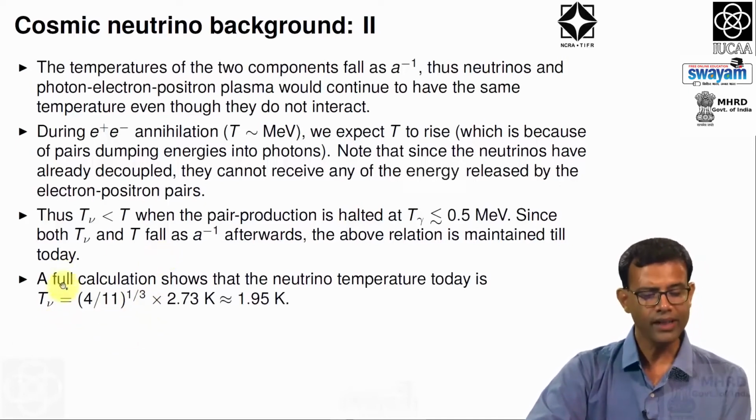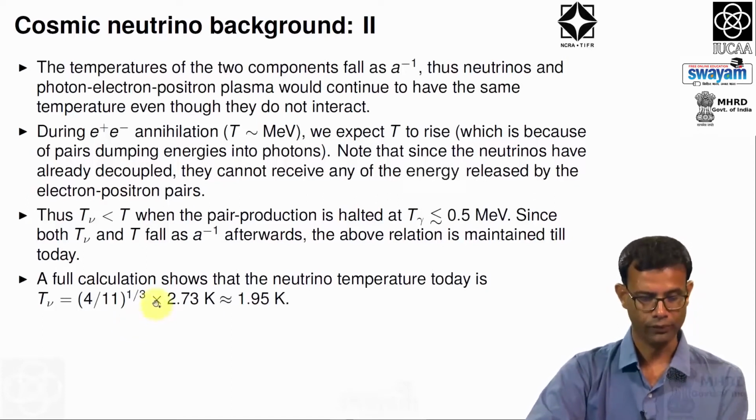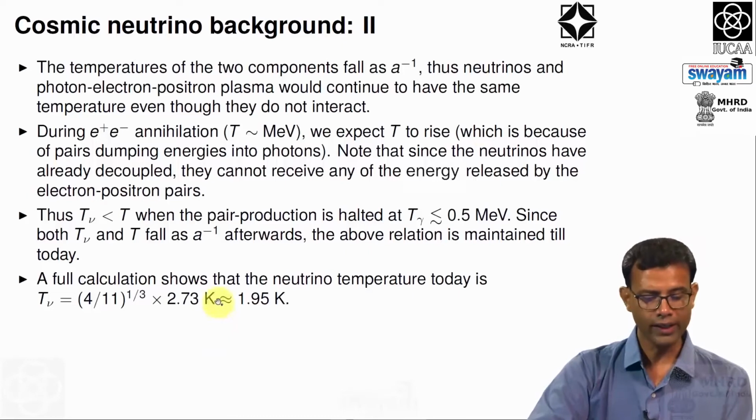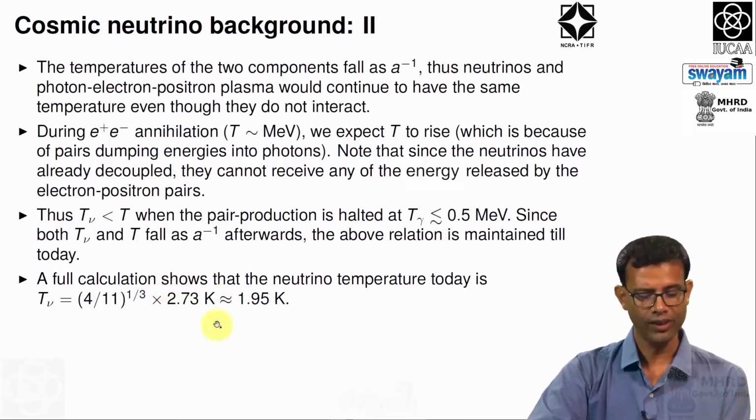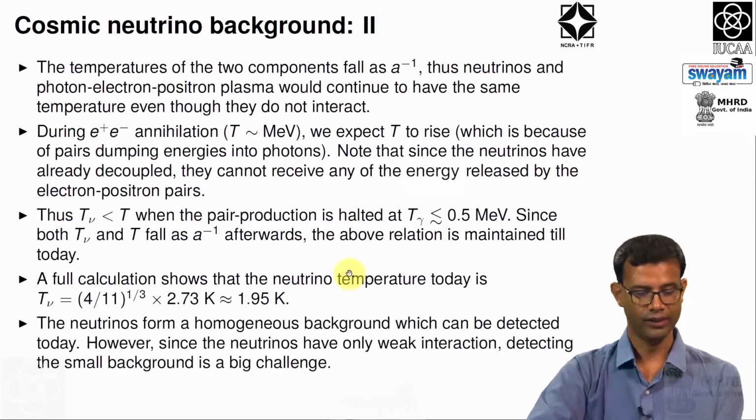How this factor arises will take some time to calculate, so I will not go into that, but one can in principle calculate it and show. Of course, we know that the radiation temperature today is 2.73 Kelvin. So the neutrino temperature today should be of the order of 2 Kelvin, about 1.95 Kelvin.